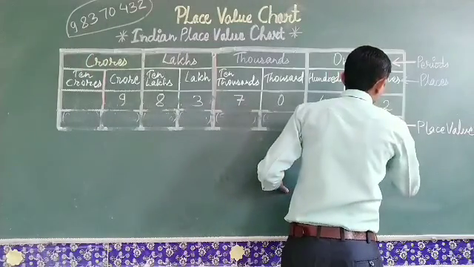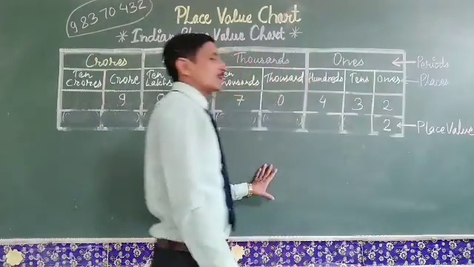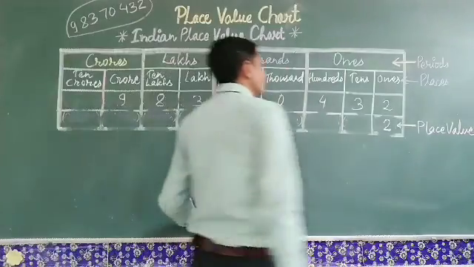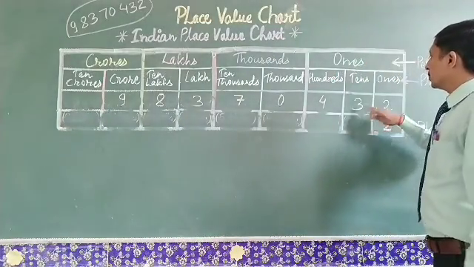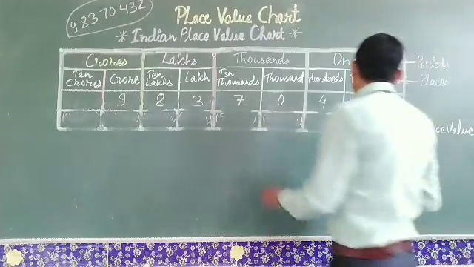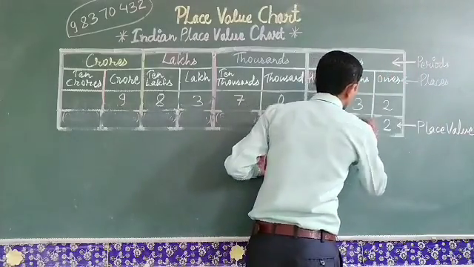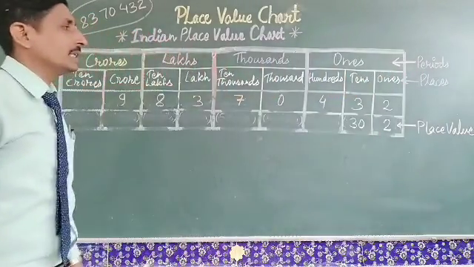Thus the place value of 2 is 2 because it is in ones place. In the same way, 3 is in tens place, that is 3 multiplied by 10 equals 30, so the place value of 3 is 30.